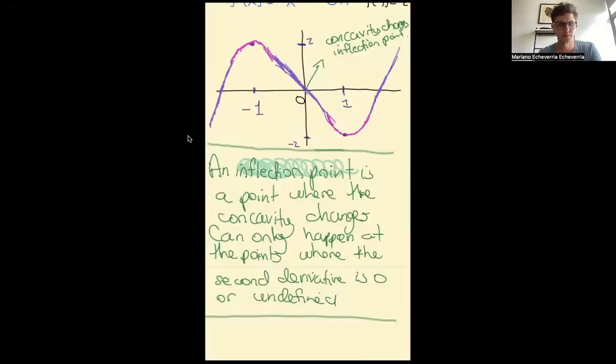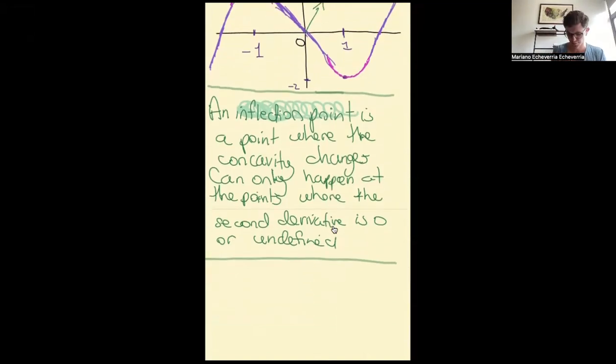Let's see, another polynomial. Okay, try to sketch this example.